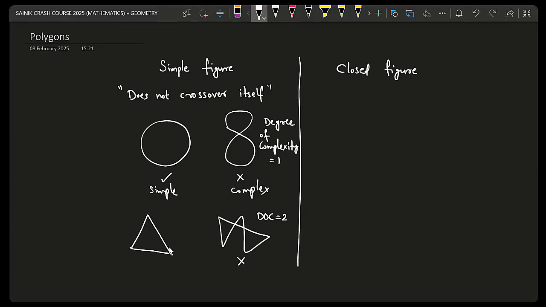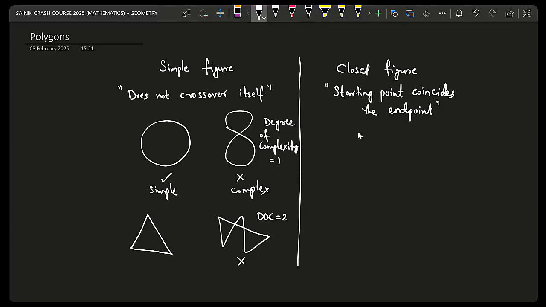Now, let's discuss what is closed figure. A figure, when you start to draw, you have to start at one point and you have to end at one point. That means for a curve, if the starting point coincides with the end point, then we say that it is closed figure.